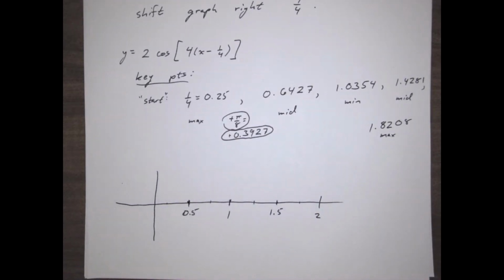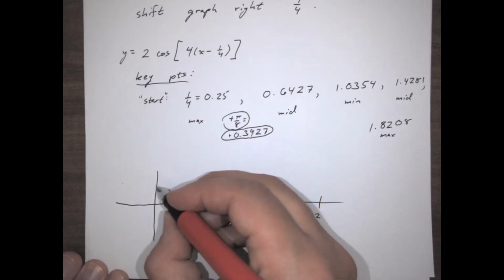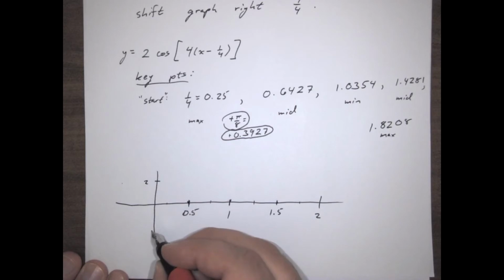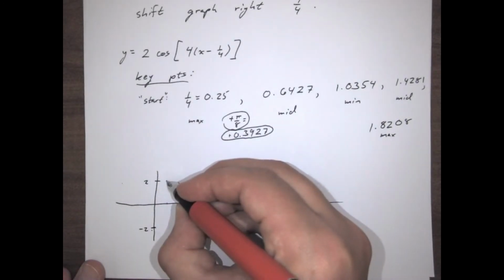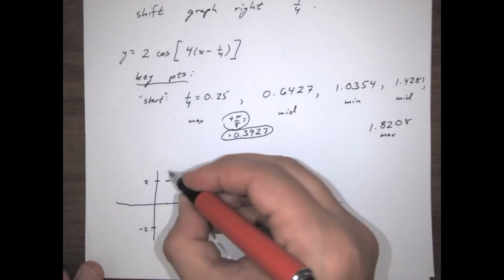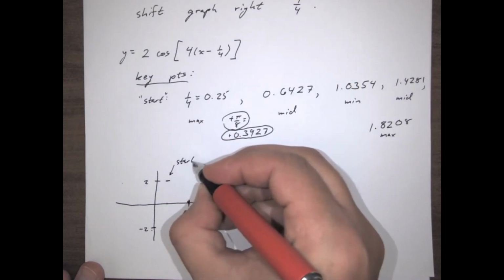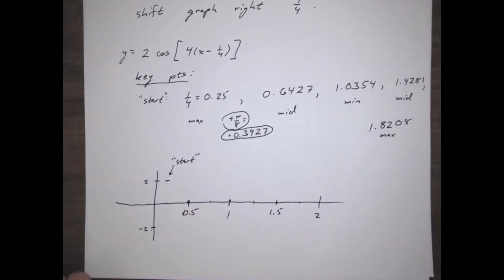Okay, so how is this all going to be starting? It will be starting at its maximum, which will be 2, and the minimum that it will ever reach will be -2. The midline here was 0, the amplitude is 2. So this is where we will find ourselves at the start. And again, periodic functions don't technically start anywhere, but that's where we are starting our sequence of key points. Okay, now for the midline.